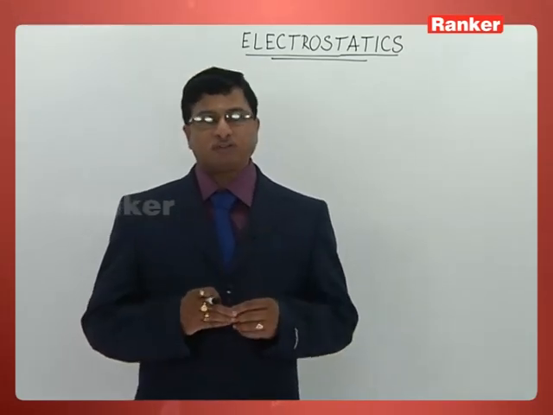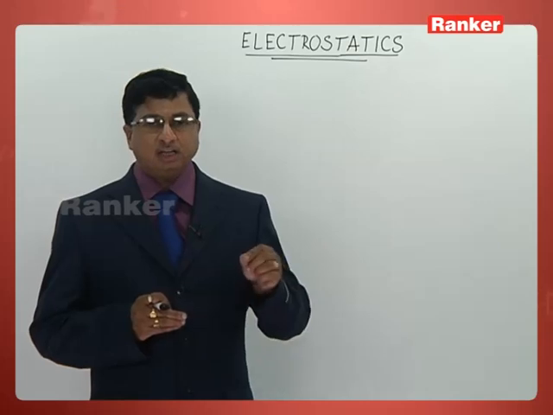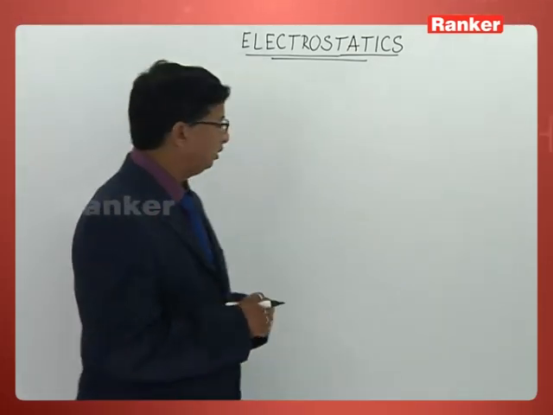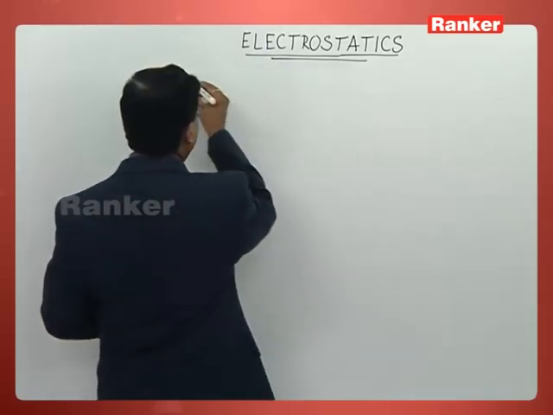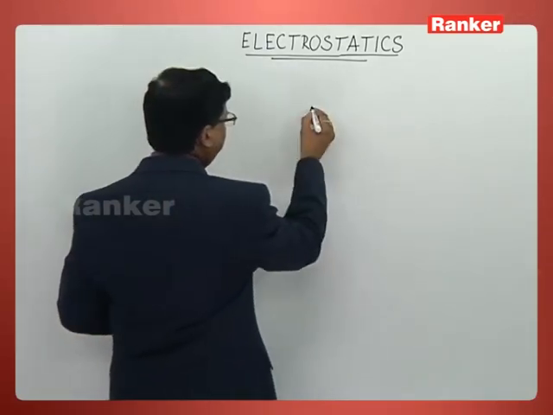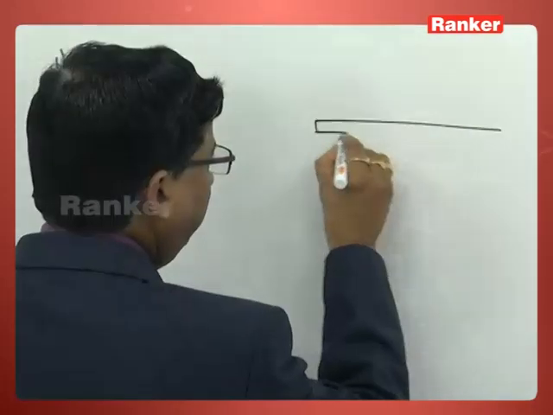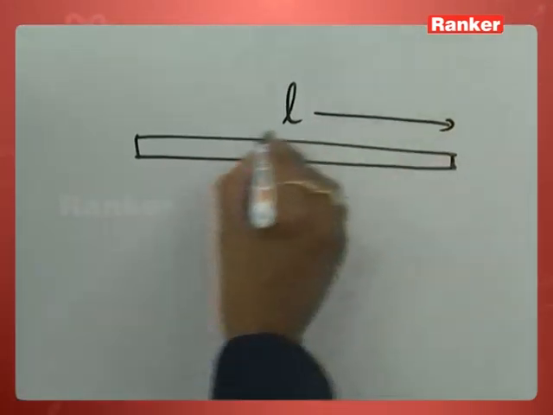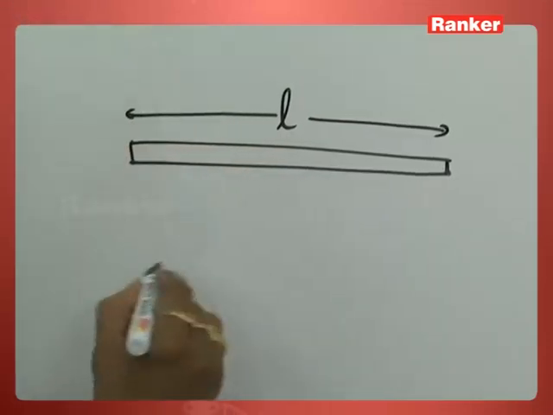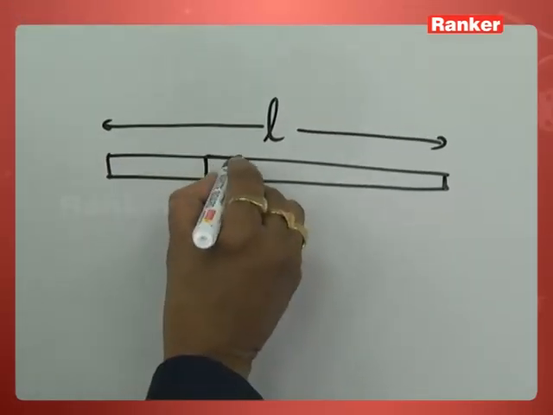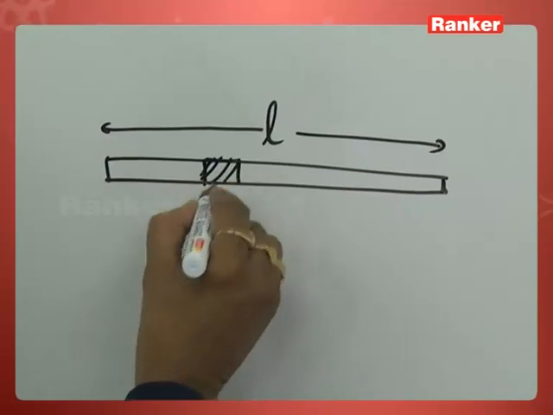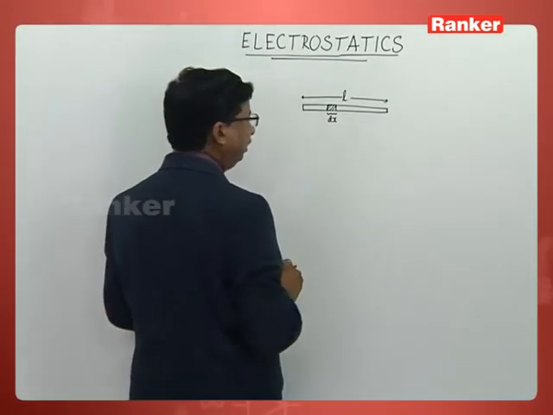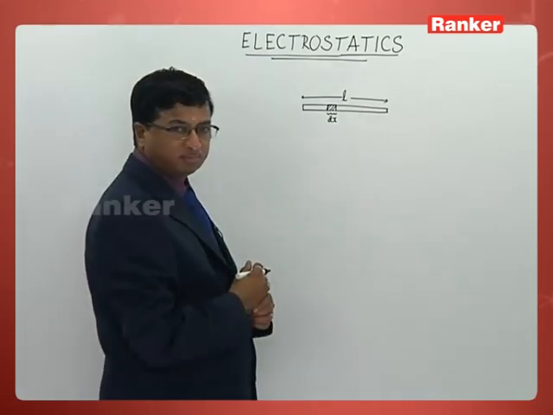Let us first work out the linear charge density of a thin metallic rod. According to question 1, there is a rod taken up of length L over here. Out of this particular rod, let us consider a small element of length dx.